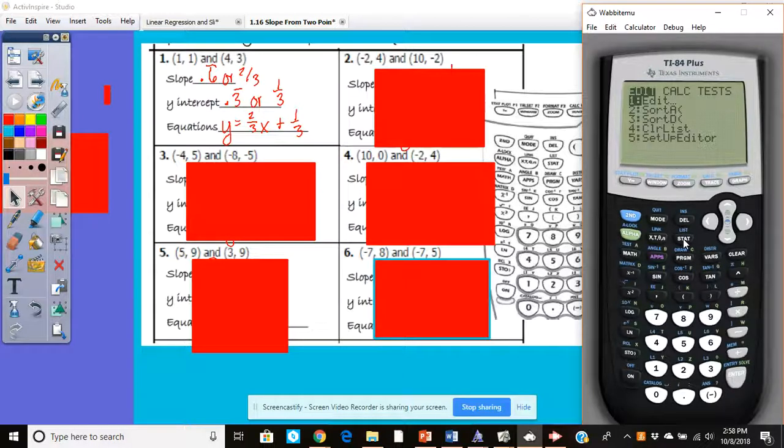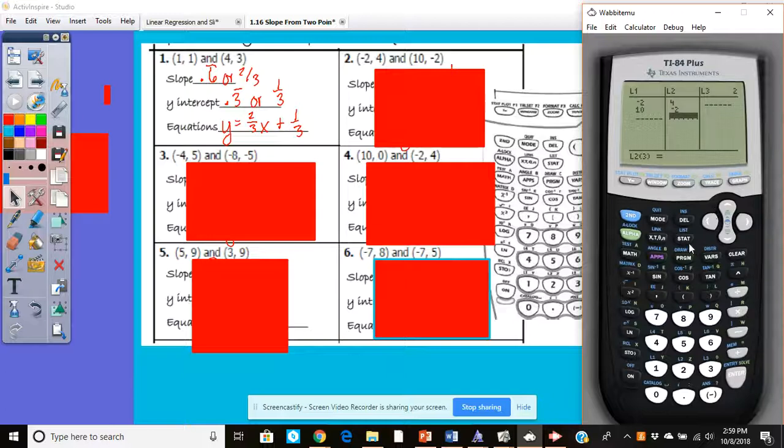So Stat, Enter. Now we have -2, 4 and 10, -2. The -2 goes into list 1 and the 4 would go into list 2. Again, this should look just like your ordered pair, -2, 4. The 10 would go in list 1 and -2 in list 2.